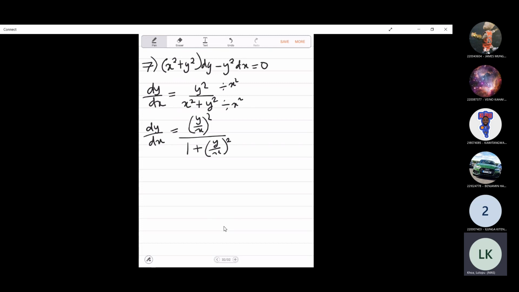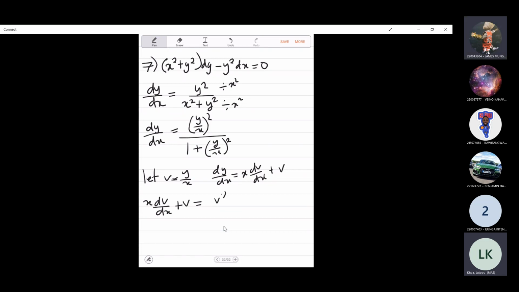Okay, then we let v equal to y over x. This means that dy dx is x dv dx plus v. Then we substitute, we have x dv dx plus v equal to v squared over 1 plus v squared.